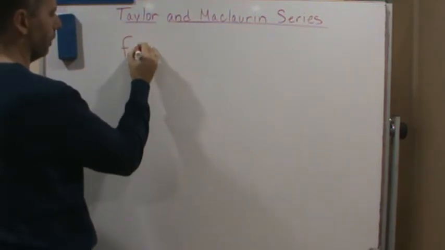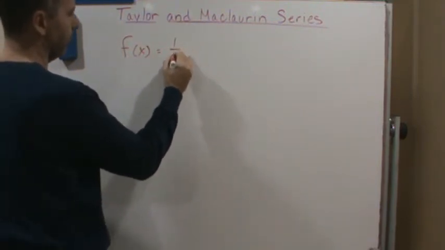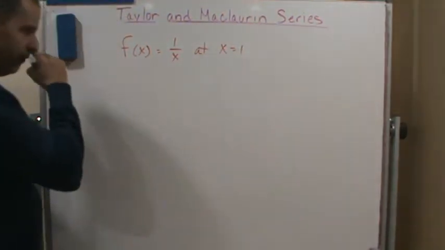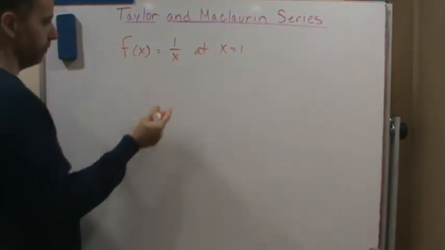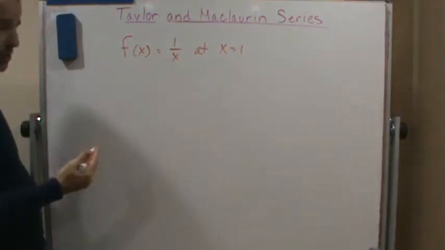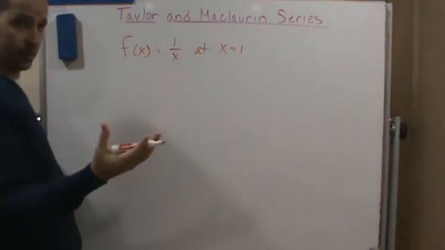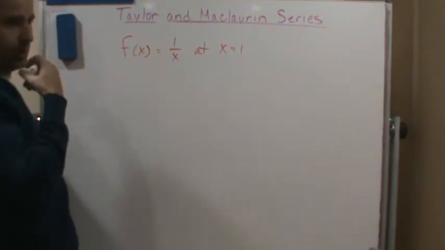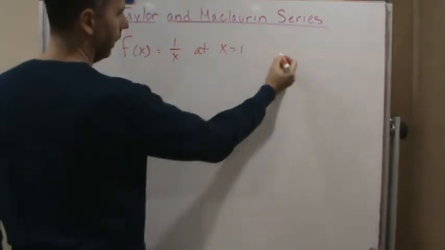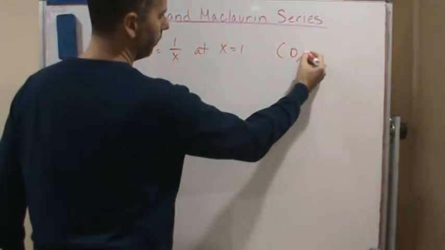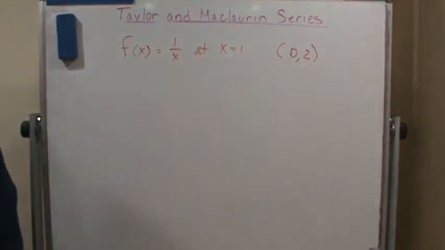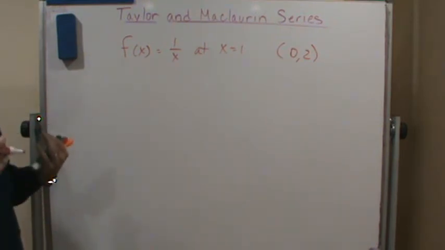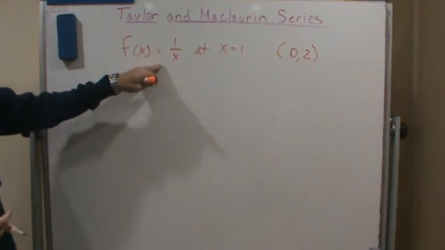So we're given this function 1 over x at x equals 1, and we found that the Taylor series that represents this function converges on the interval from 0 to 2. But how do we know if the Taylor series actually converges to f?